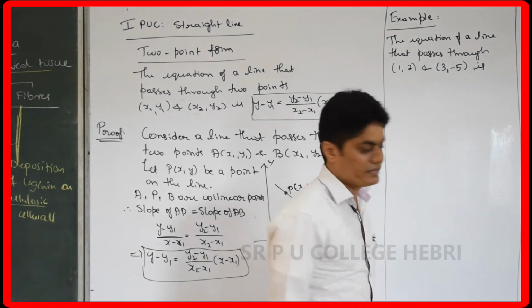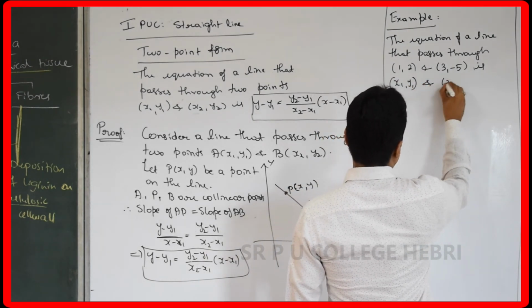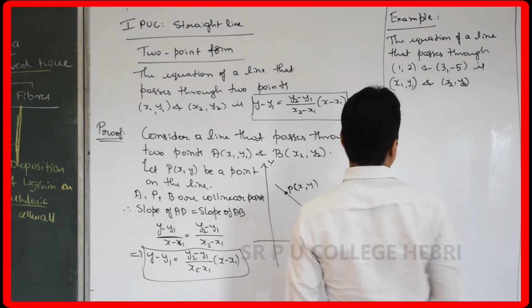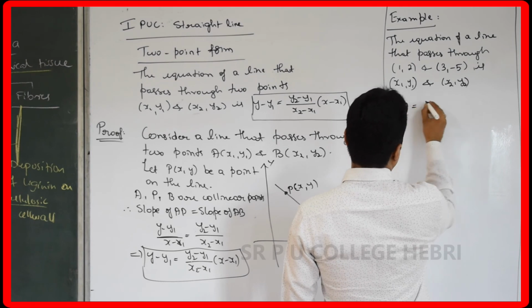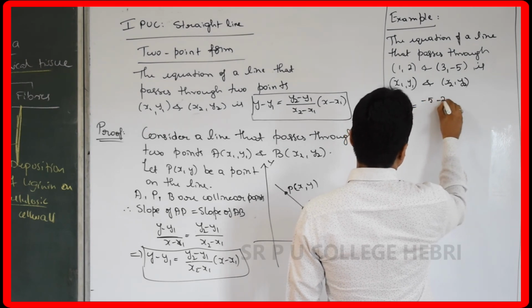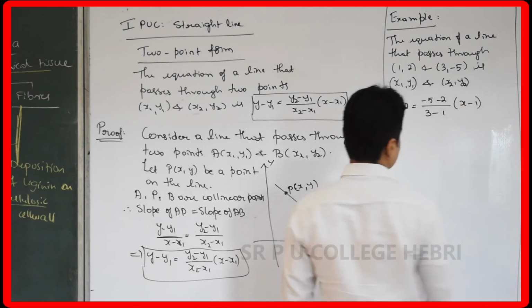Here what are the two given data? x1 y1 is given, as well as x2 y2 is given. So use this formula: y minus 2 equal to (-5 minus 2) by (3 minus 1) into x minus 1.